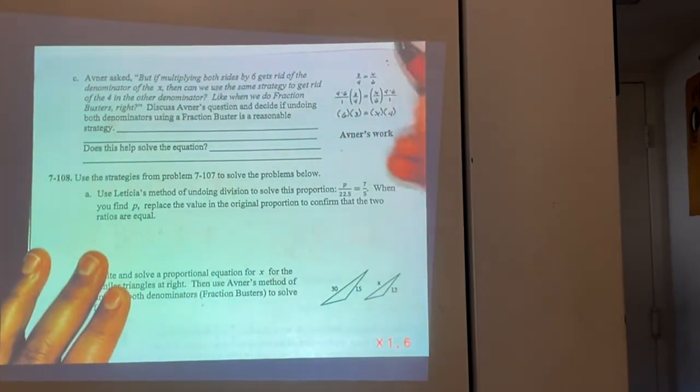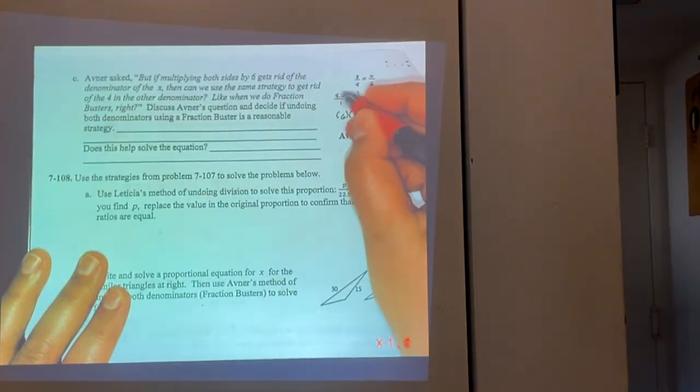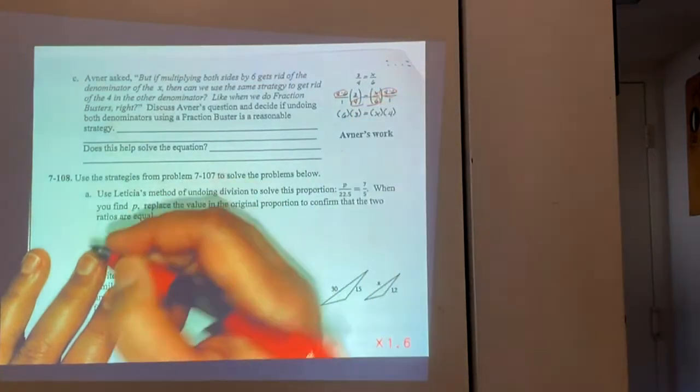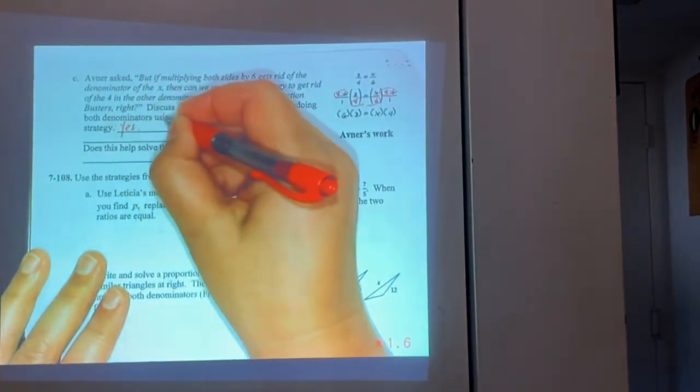So look, he just multiplied both sides. He took the two denominators and multiplied both sides by them. Yes.